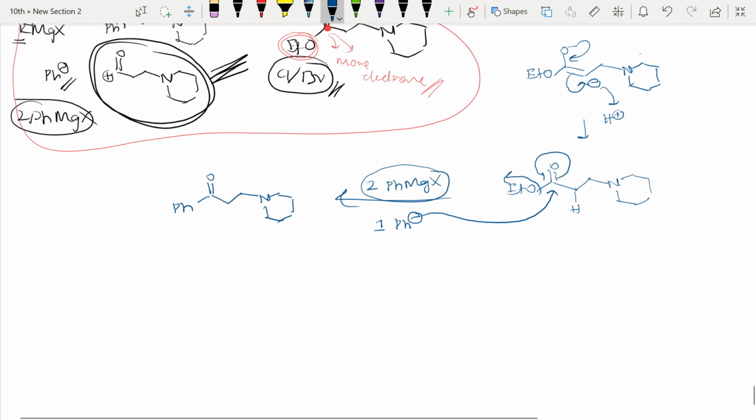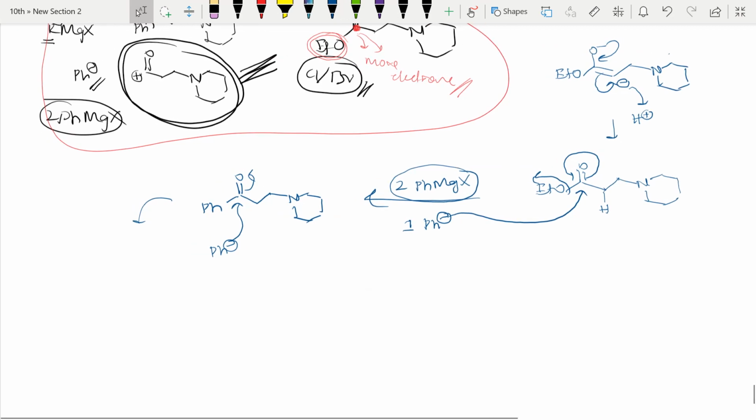Here I have taken two molecules, so one more molecule of Grignard reagent will attack, and a negative charge comes on oxygen. So I will get one more Ph here, other things remain as they are. I hope you are getting it. Let us do it slowly but thoroughly.